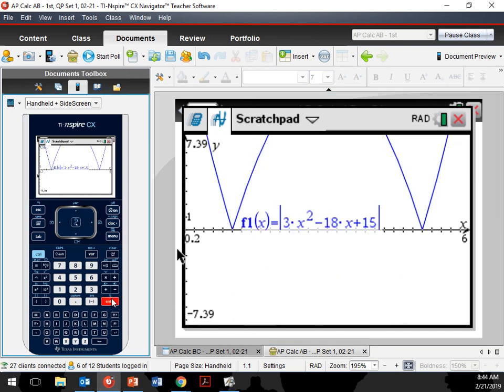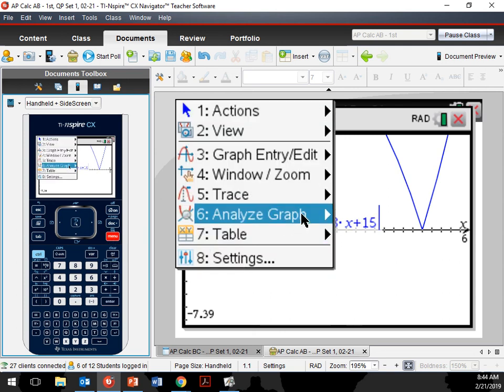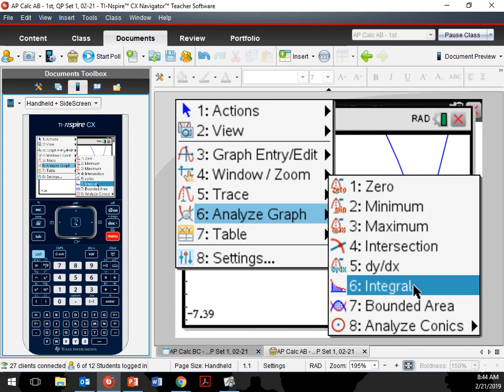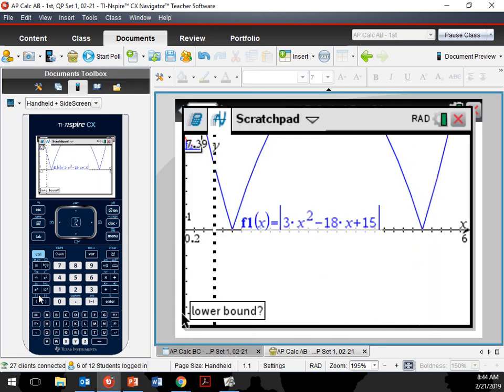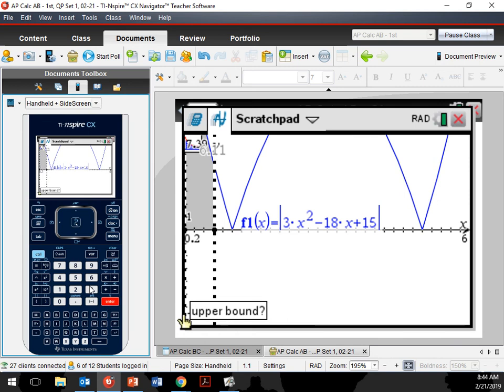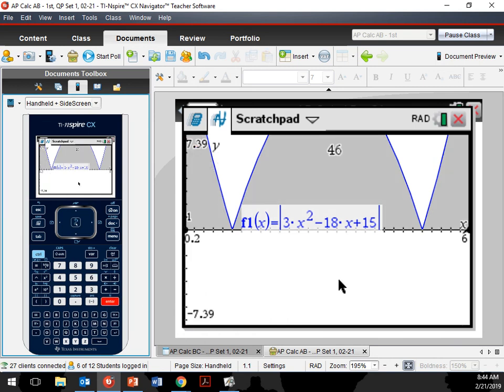Menu, analyze graph, integration, from 0, enter, 6, enter. 46. Now, is the calculator showing you this right here helpful? So you can actually see that the middle piece right there breaks up and it has to stop and turn upwards on that? Or no?